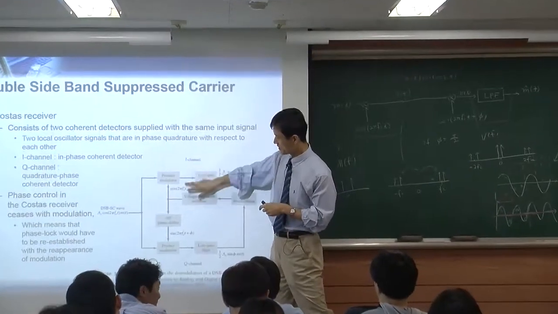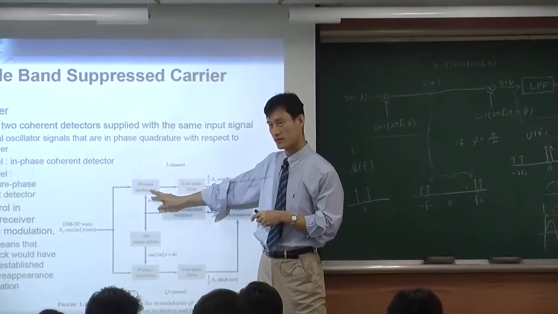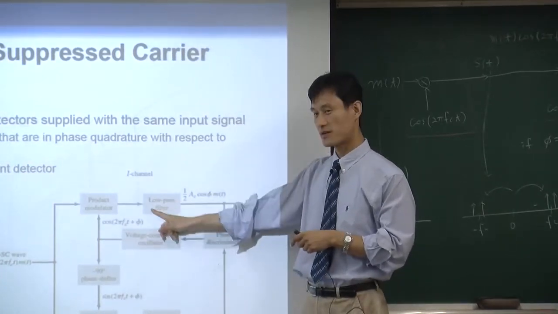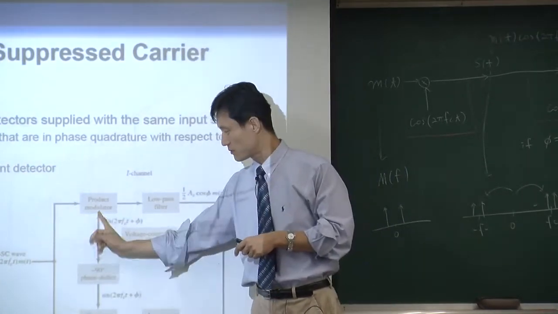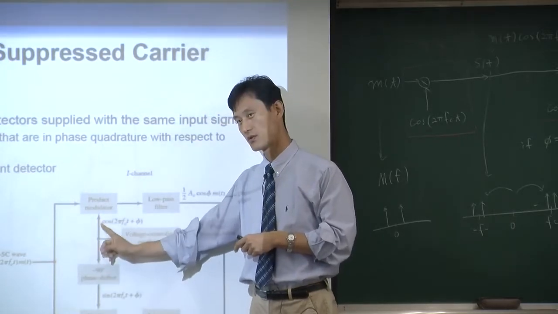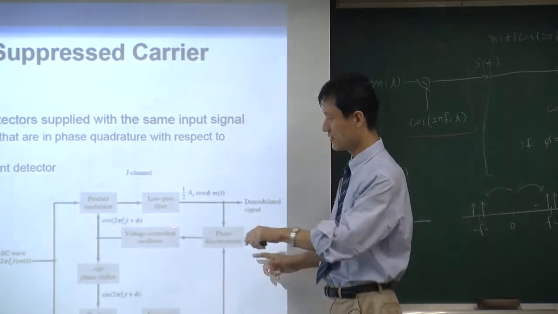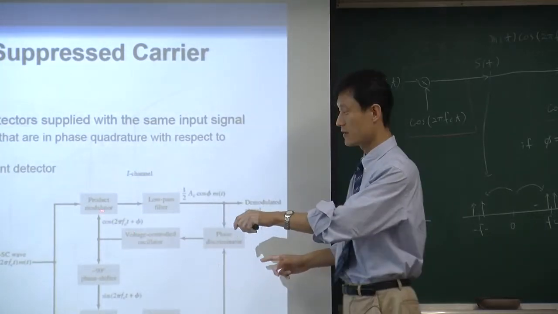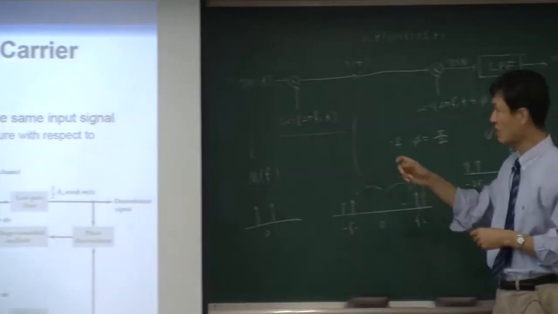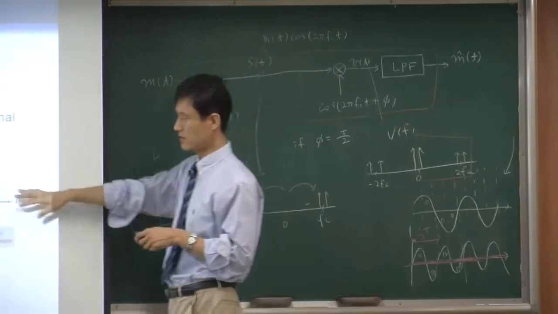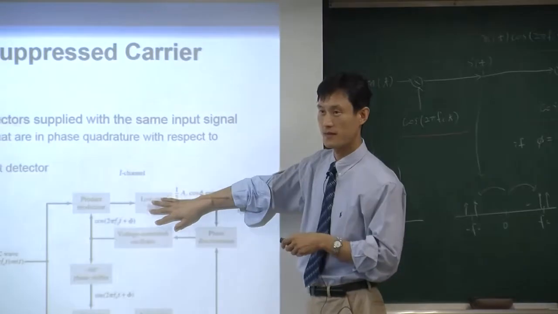In this in-phase channel, you have a product modulator, or multiplication, and a low-pass filter. And right here, you are multiplying a cosine carrier. So when you look at only up here, the I channel, that looks exactly the same as this one.